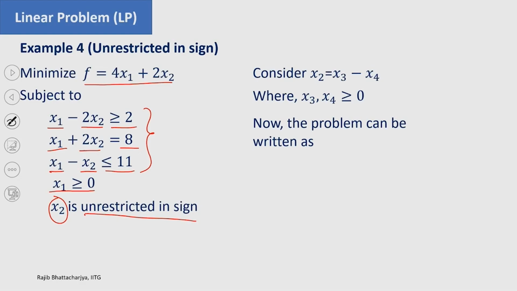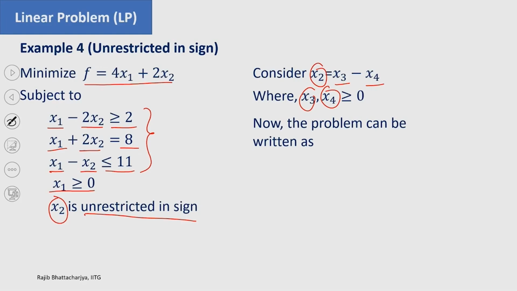So, what you have to do basically is consider x2 = x3 - x4. What I am doing is writing x2 in terms of x3 and x4. Now, x3 and x4 are positive here. Because when you are considering the LP problem, all the variables should be positive, so you cannot have a negative variable. Okay.